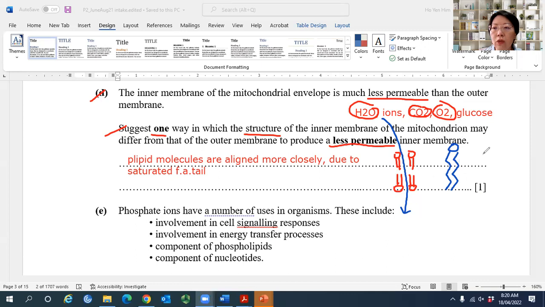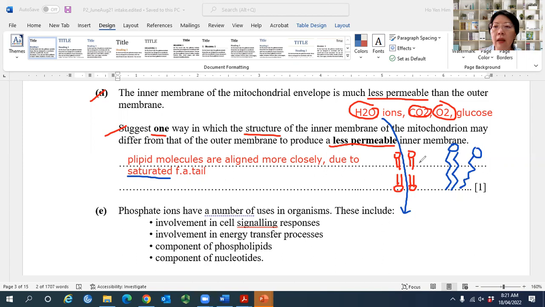Originally it's a line, but then there is suddenly a kink, let's say a kink that goes this way. So it's pushed away, so there is a big gap here. So these molecules can pass through more easily. So this is talking about fatty acid tails being more saturated, so the gap between phospholipid molecules becomes smaller. Okay, so this is the best answer.